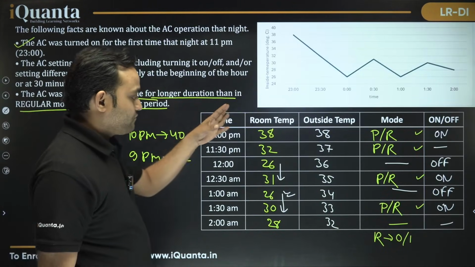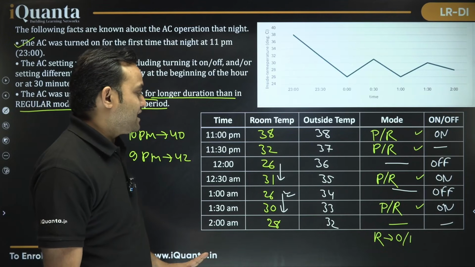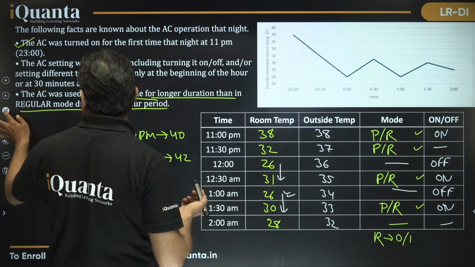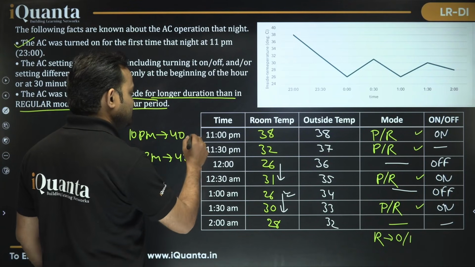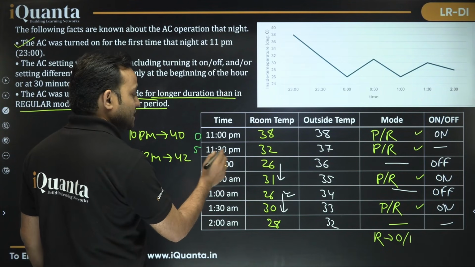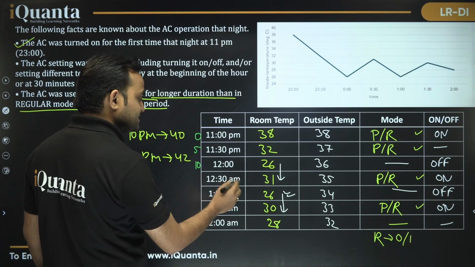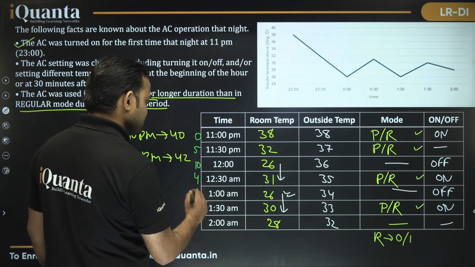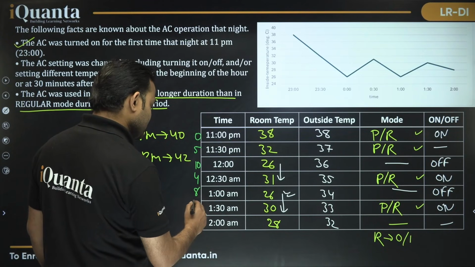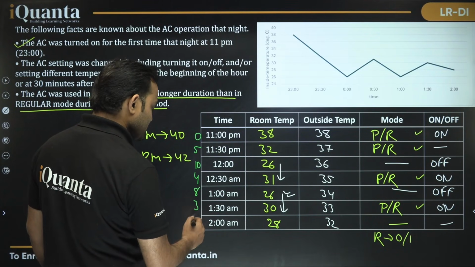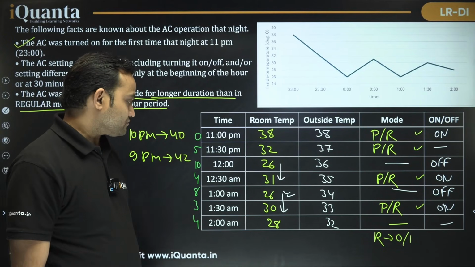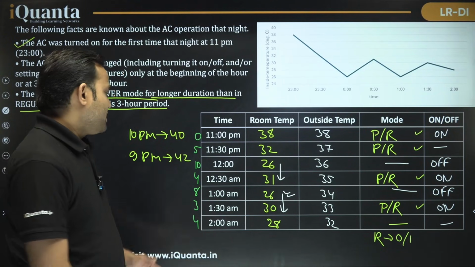So whatever values we have, as per that, we can say the difference at 11 p.m. is 0. Here it's 5. In this case, it's 10 degrees Celsius, 12:30 am, 4 degrees Celsius. This is 8 degrees Celsius, 3 degrees Celsius at 1:30 am, 4 degrees Celsius at 2 am. So our answer is 10.